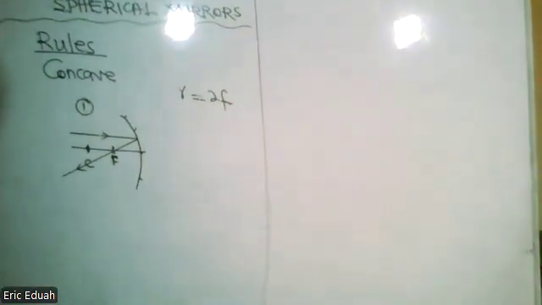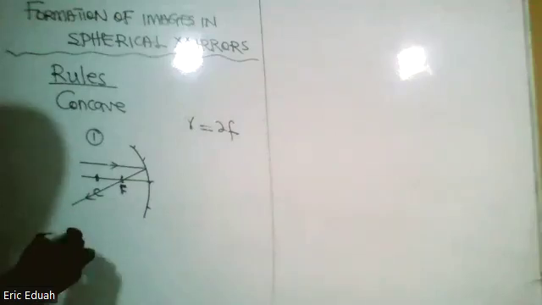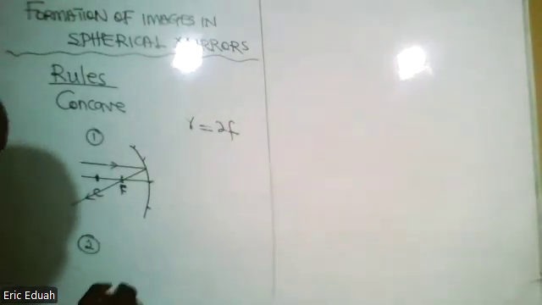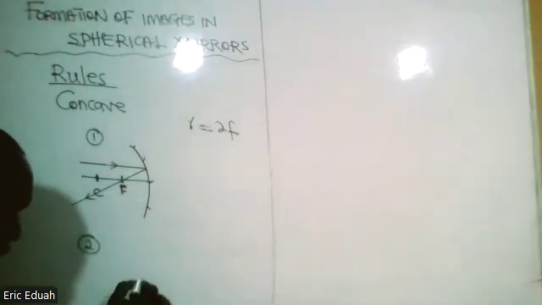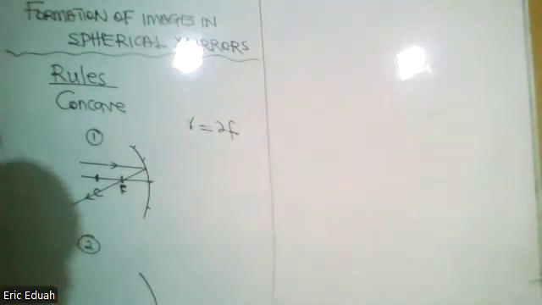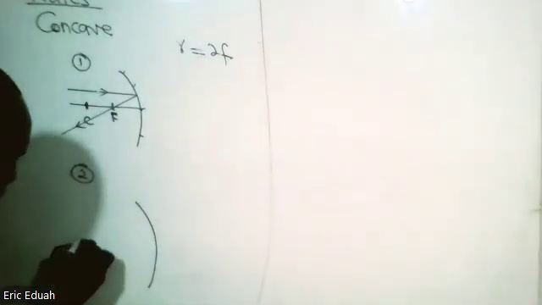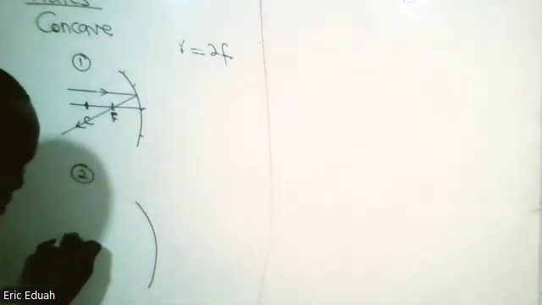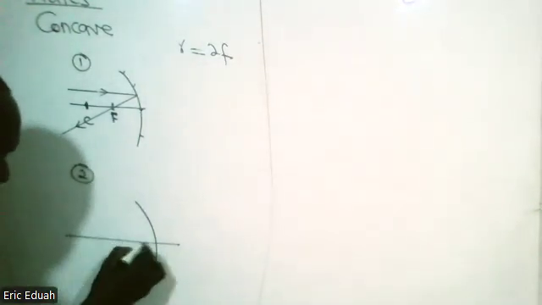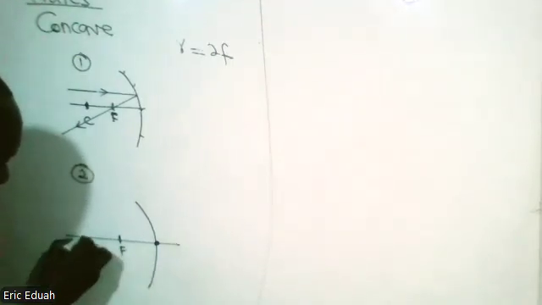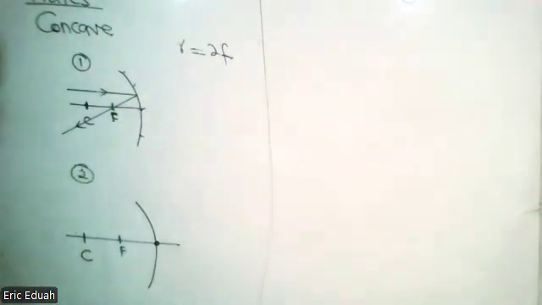Rule 2. The second rule is the reverse form of the first rule. Pole is here, F is here, and C is here.